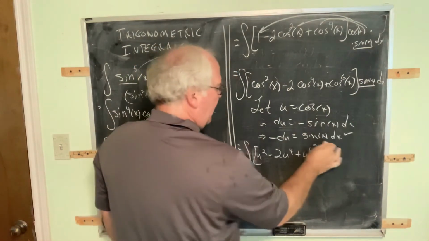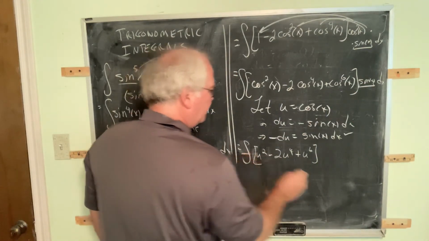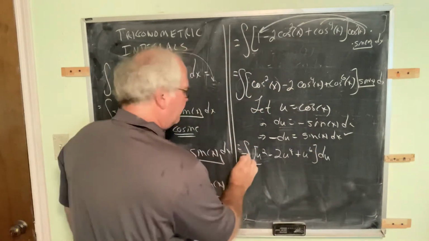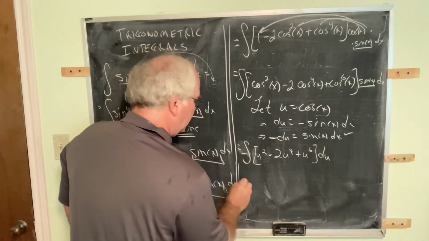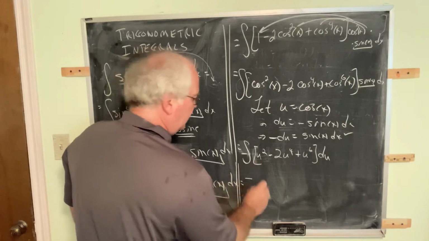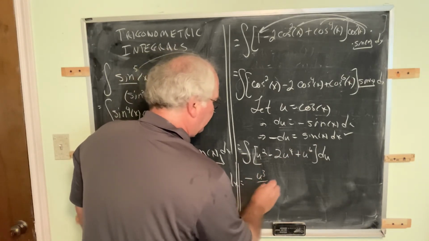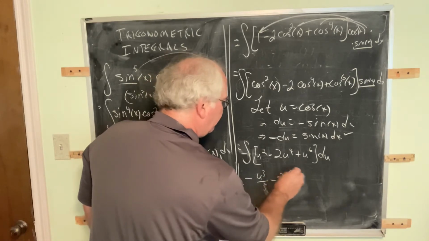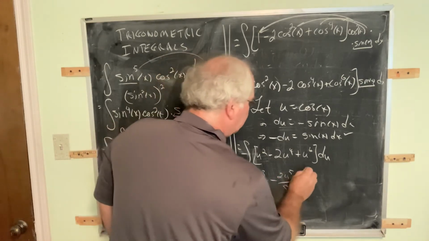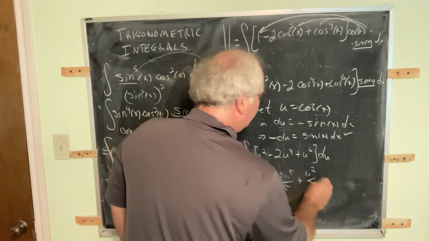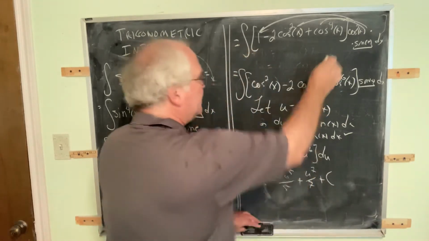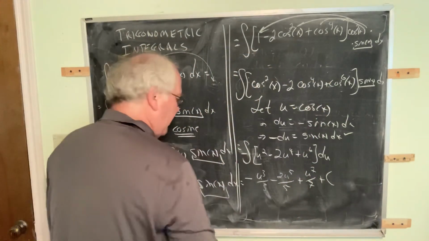And then sine x dx is negative du. And so the antiderivative is plain old garden variety power rule. u to the third over 3, minus 2u to the fifth over 5, plus u to the seventh over 7. And then back substitute to let u equal cosine, and we're out.